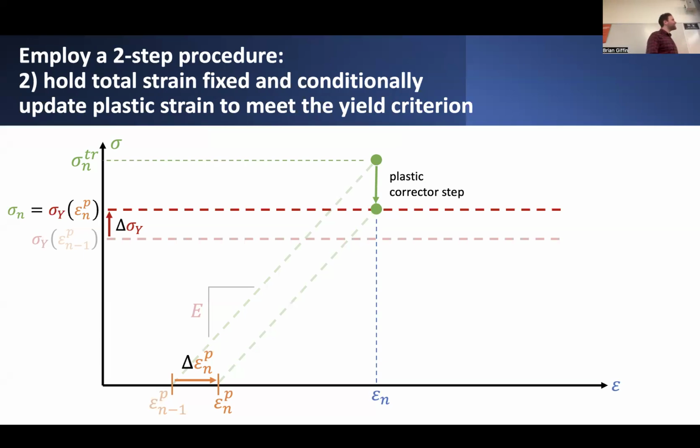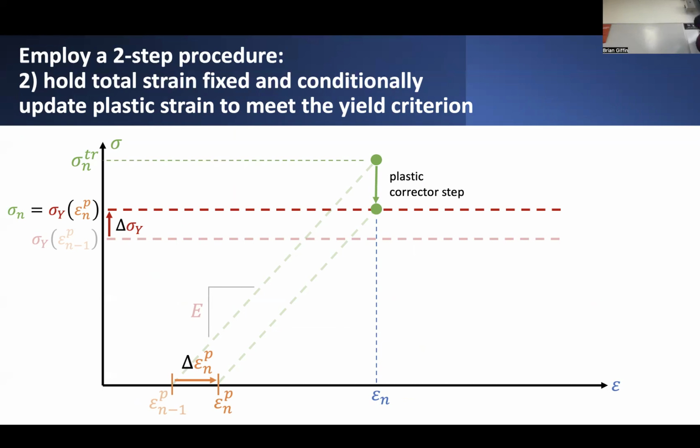Now, at the same time as you are trying to increase the value of plastic strain, you would in effect be traversing down this vertical graph, because you're holding the total strain fixed. It would look like you're just traversing downwards. As you advance this way, the total stress is being reduced.